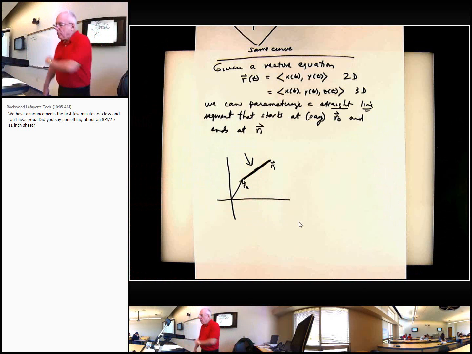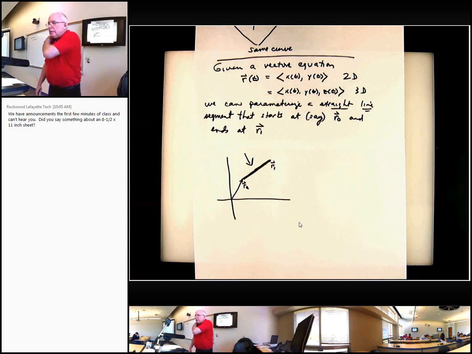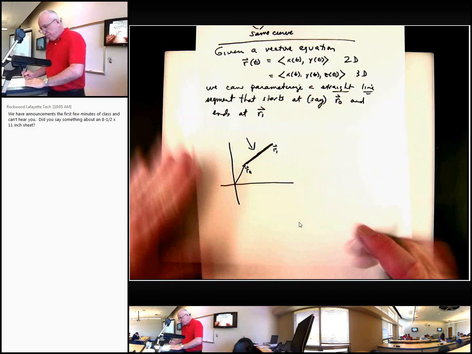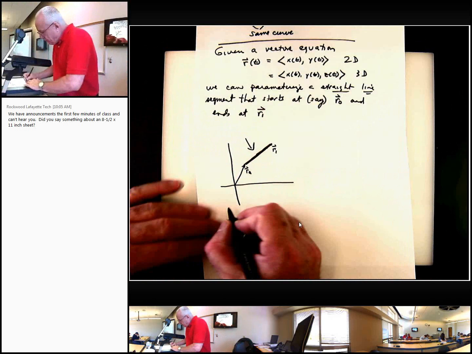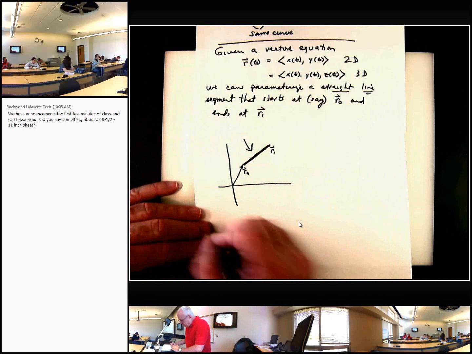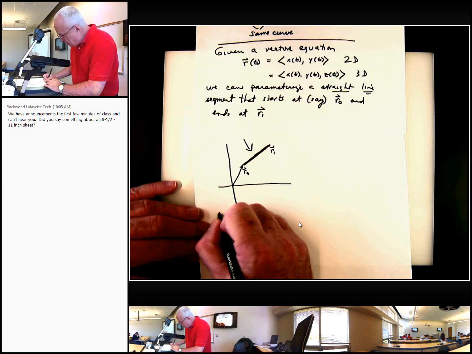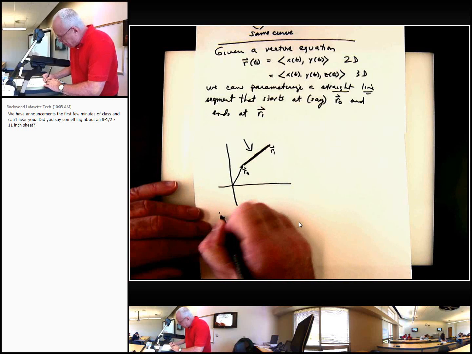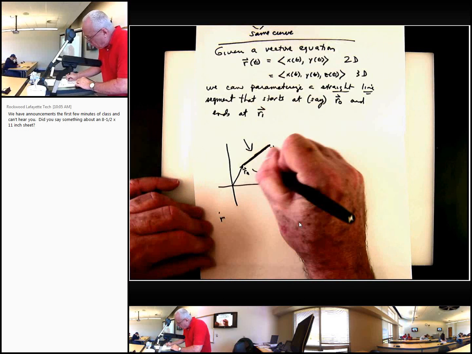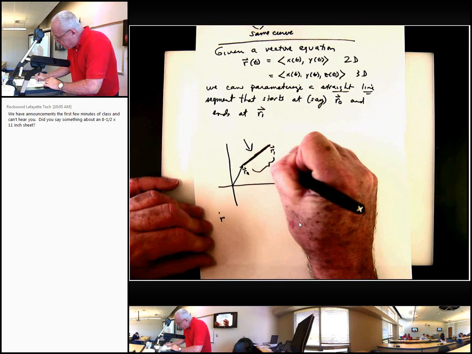Okay, so how do we parameterize this? There's a real easy way to do this. Let's call this whole thing r of t.